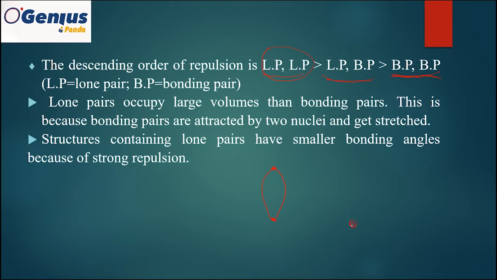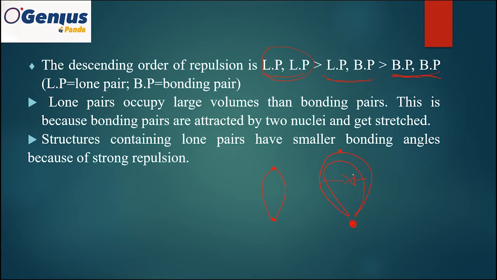But if you have a single nucleus here, then a lone pair will occupy a larger space because there is no other nucleus here to attract it and stretch it so that it can occupy a smaller space.